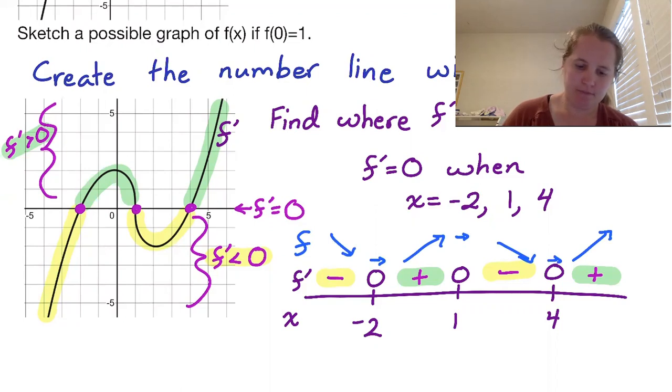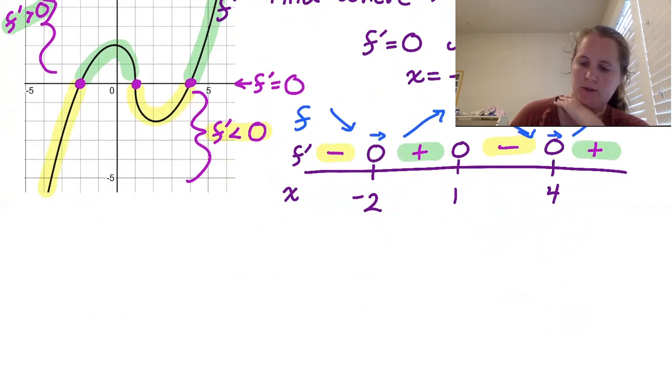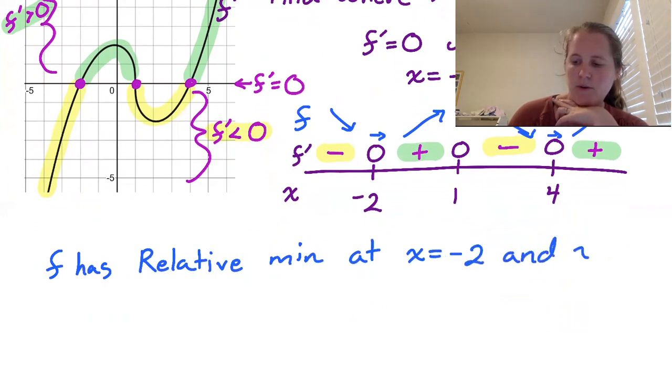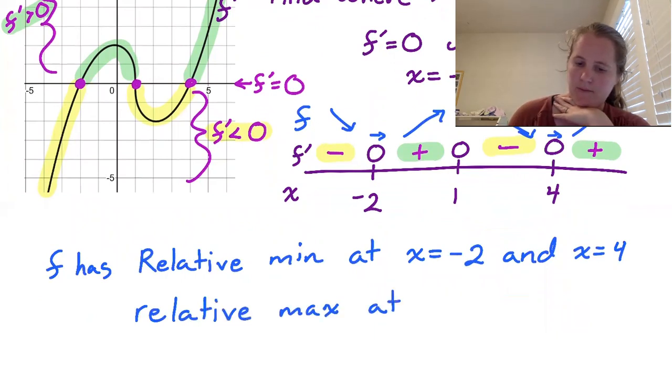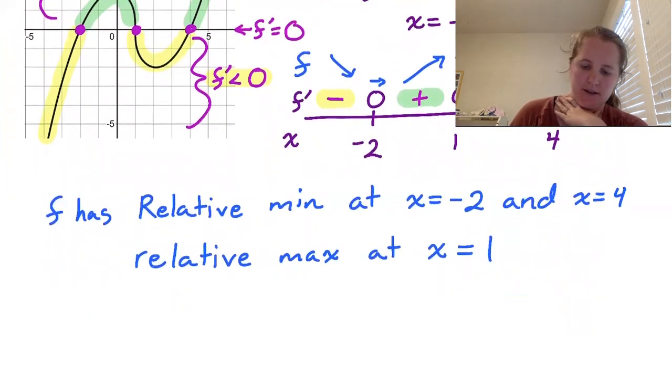So for our function, we should have a relative min. f has a relative min at both x equals -2 and x equals 4, and a relative max at x equals 1.